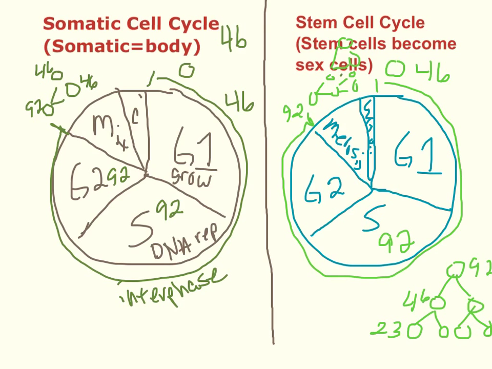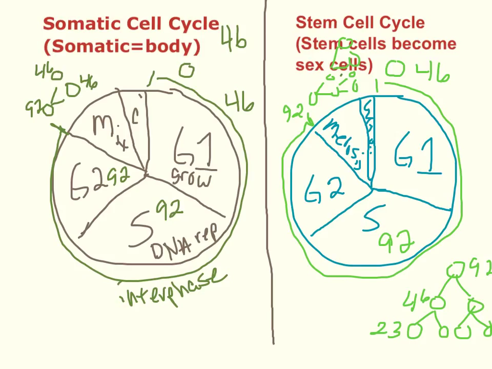So the cell cycles of each for the stem cells and for body cells look kind of the same, except that they have meiosis here and mitosis here. The other big thing is that the somatic cells, this is happening all the time. Your skin cells are going through their cell cycle all the time and going through mitosis.